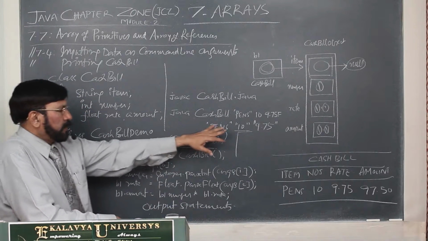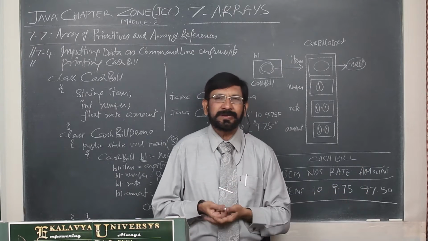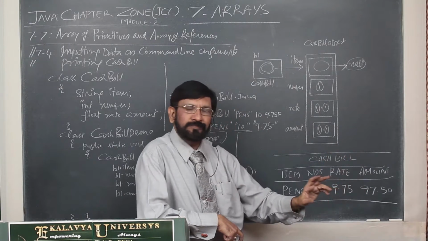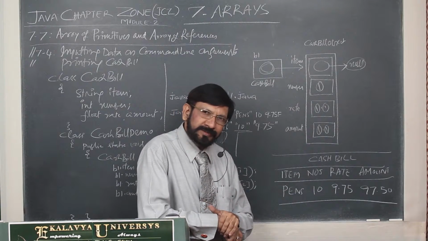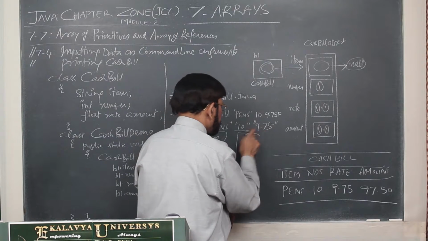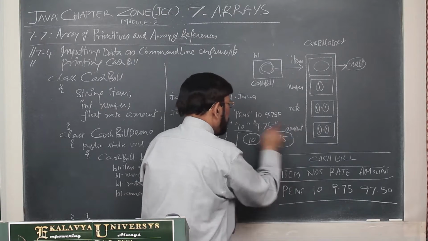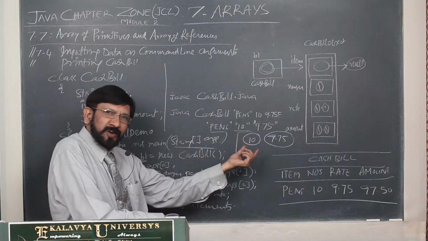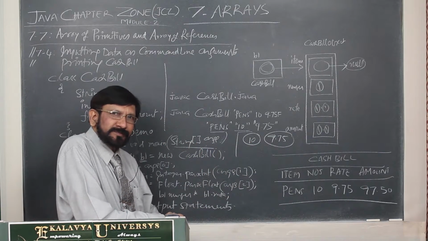Now if you want to simply display up to here, you can display it, but in order to evaluate amount, you must make a calculation. If you have to make a calculation, what should be done? Now you can view 10 like this, 9.75 like this. This is like a wrapped chocolate. But a wrapped chocolate, can you consume it?